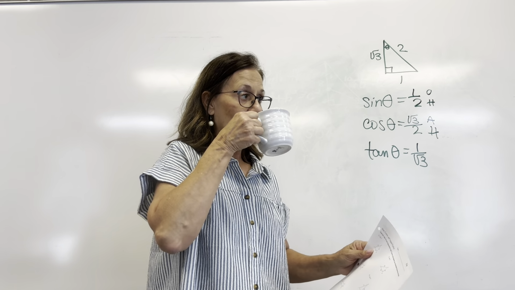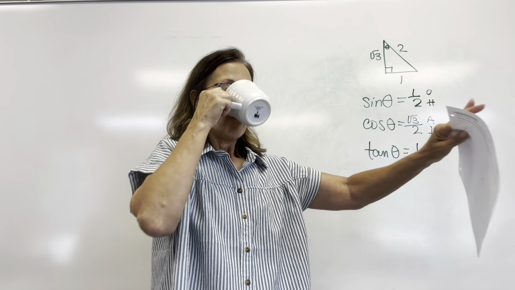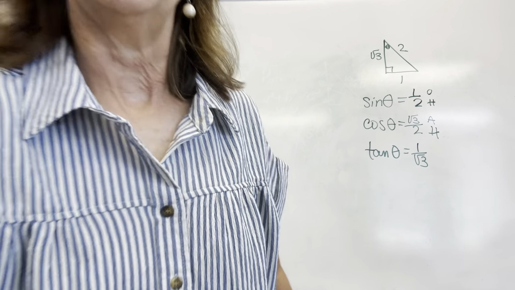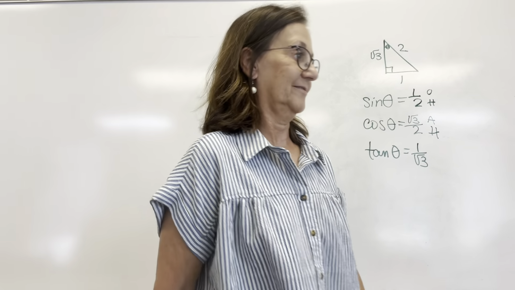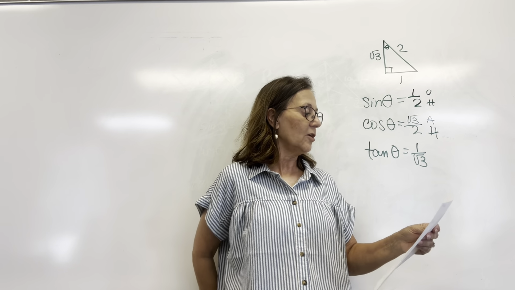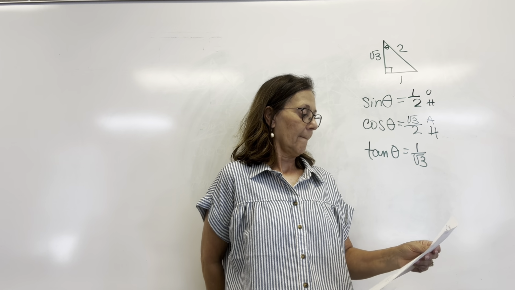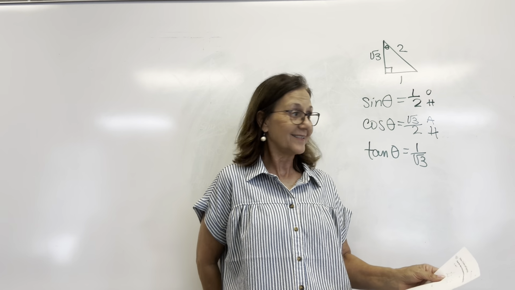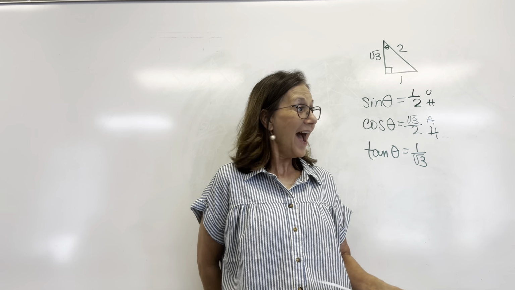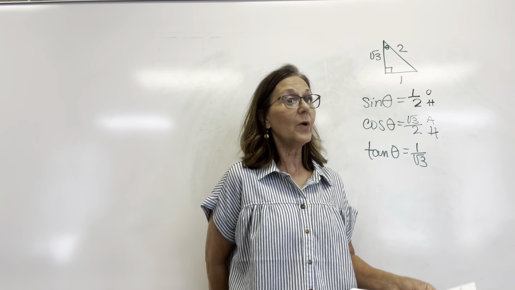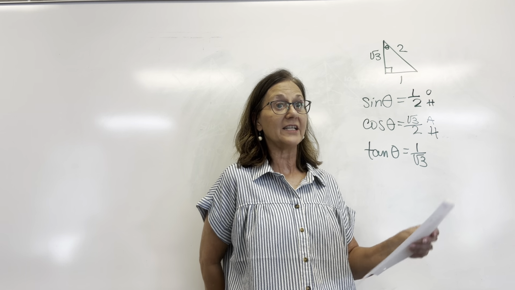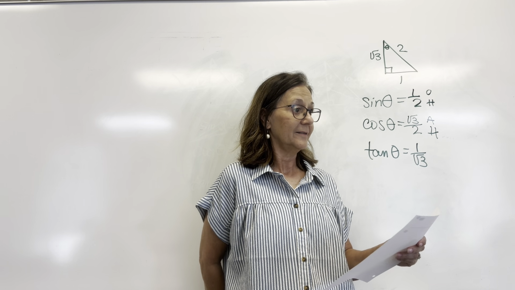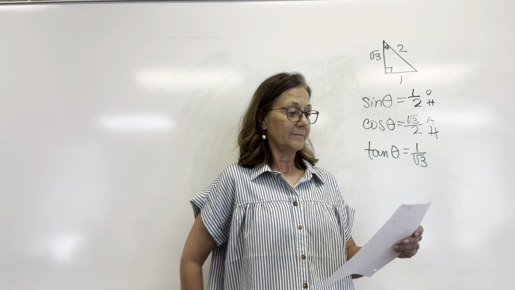When you say cosine of A, does that mean the theta is on A? Yes, that's the angle. It's something over 29. Is it 21 over 29? Yes, because 21 is the adjacent side to angle A. Does everybody see that? Got it?